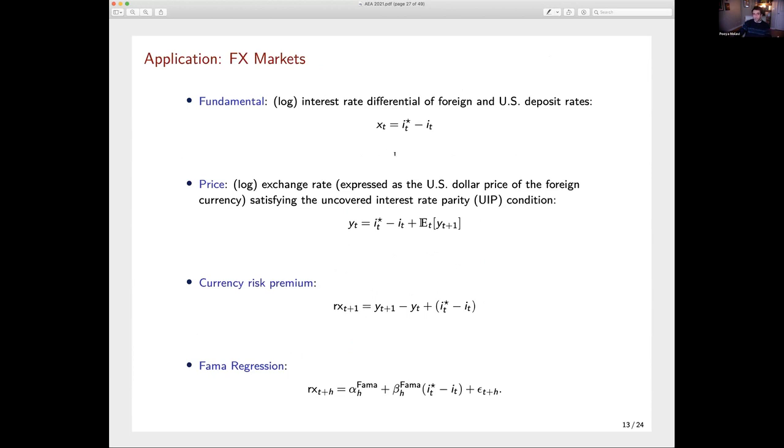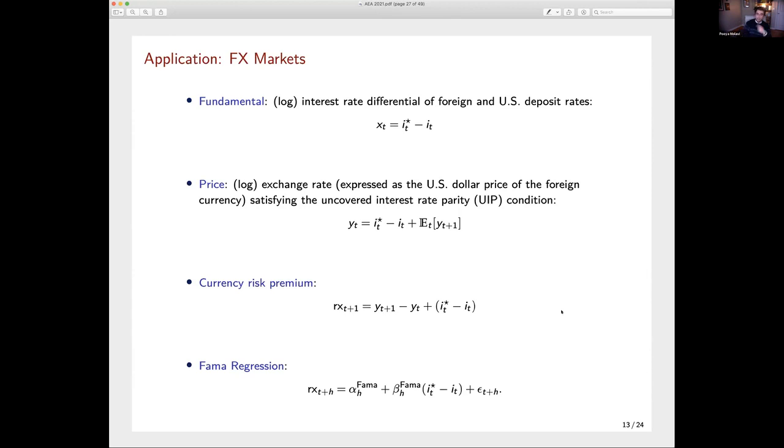And the no arbitrage condition is the standard log linearized UIP condition. So the currency risk premium is going to be the notion of excess returns in this application, and the formal regression is going to reduce to the standard 1984 Fama regression. So in particular, we're going to regress the currency risk premium at time t plus h on the log interest rate differential of deposit rates at time t.